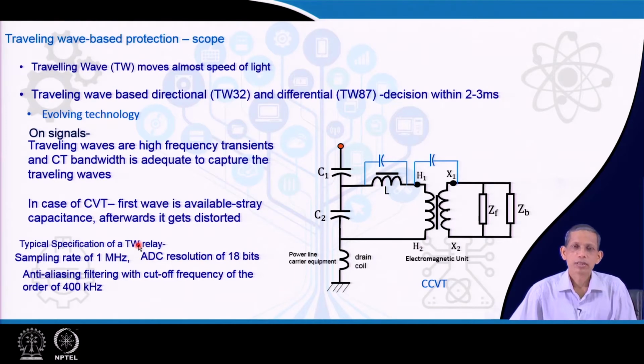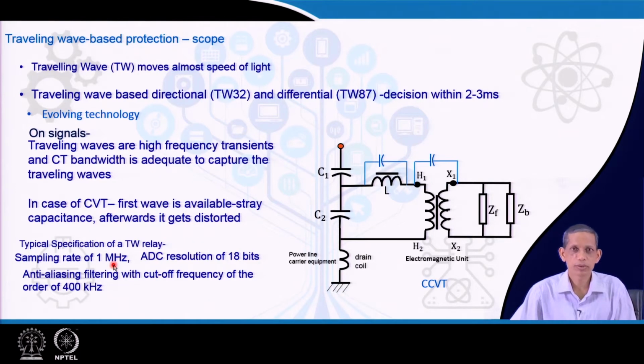Afterwards, the voltage gets distorted and it is difficult to extract the system side transient voltage associated with the travelling wave.